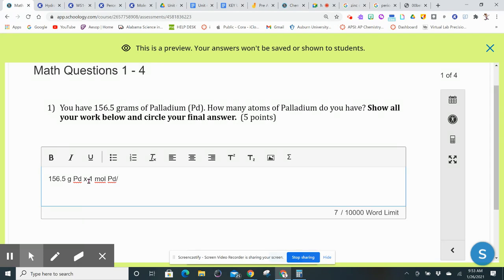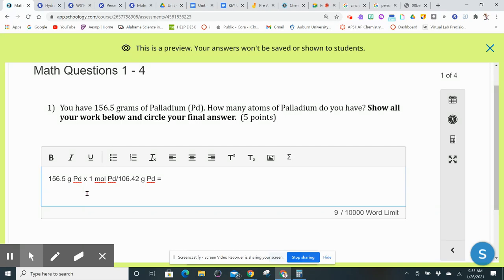which I look up on the periodic table. Isaac or Jacob, can y'all tell me what that is? Pd, 46. So 106.42. Okay. So what I'm going to do is exactly what it says.